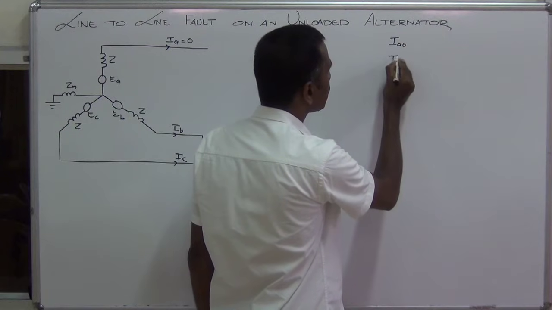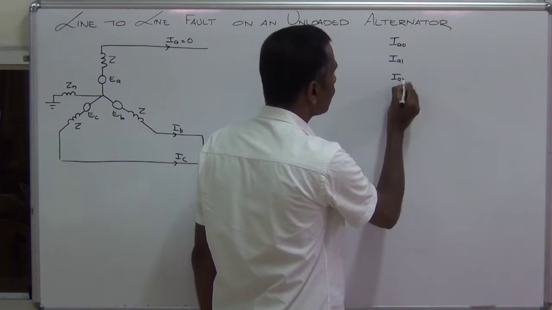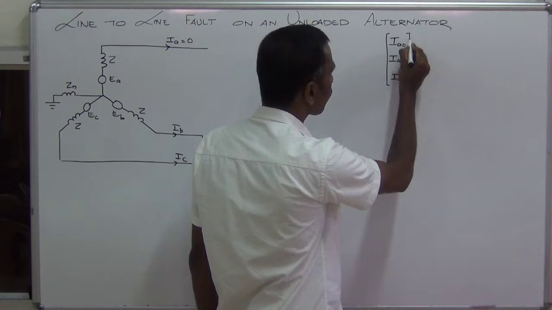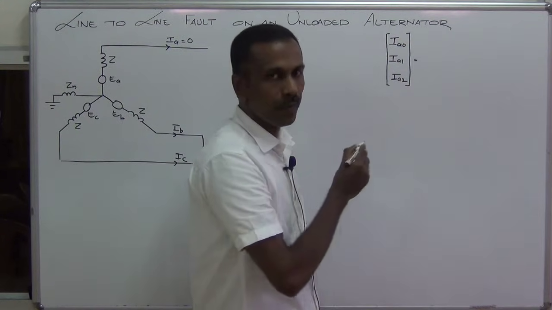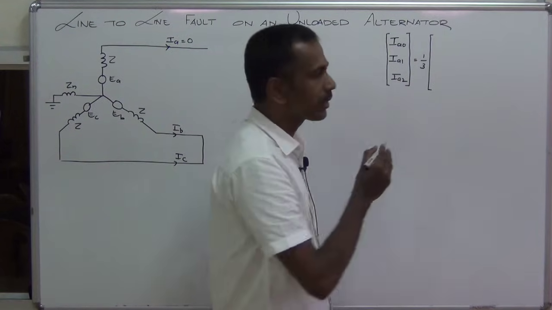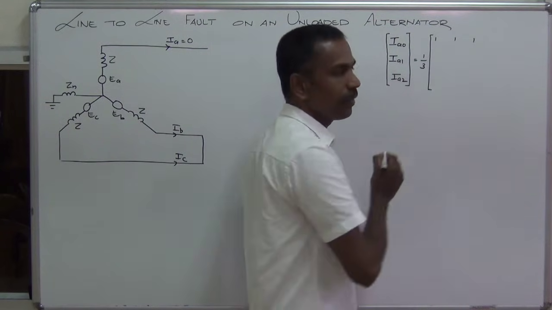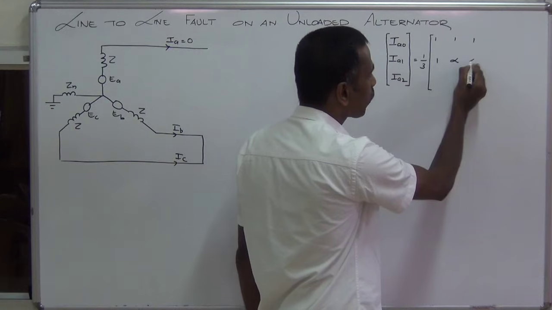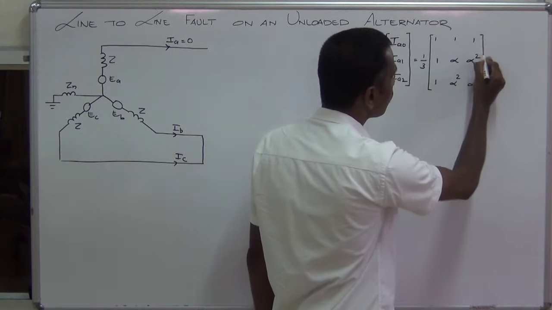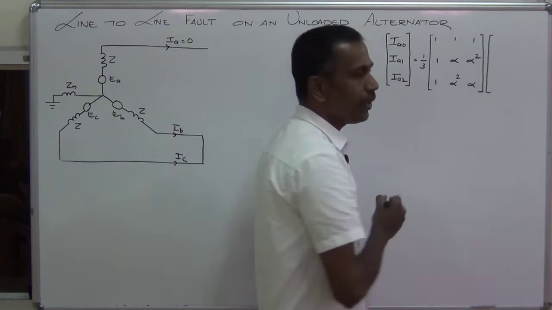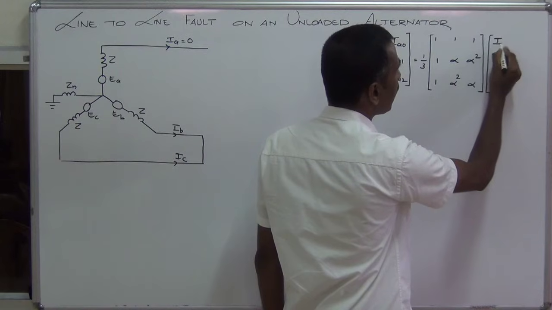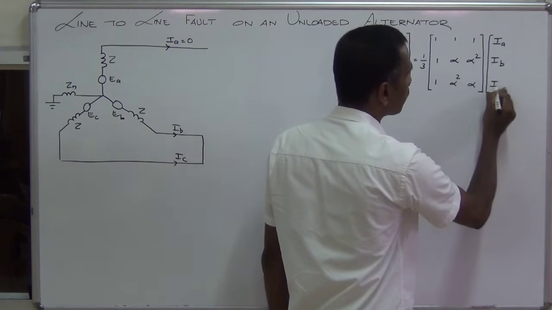The sequence currents IA0, IA1 and IA2 are equal to 1 by 3 into the transformation matrix: 1, 1, 1; 1, alpha, alpha square; 1, alpha square, alpha; into the phase currents IA, IB, IC.